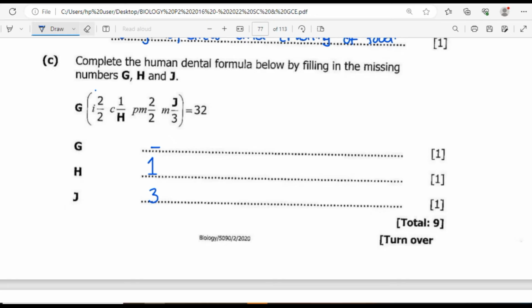Now G, we are looking at the number that we can multiply by the total of these to give us 32. Remember, if there is 2 on top, so 2 plus 2, here we have 4. 1 plus 1, here there is 2. 2 plus 2, here there is 4. 3 plus 3, here there is 6. So 4 plus 2 is 6, plus 4, 10, plus 6, that is 16.